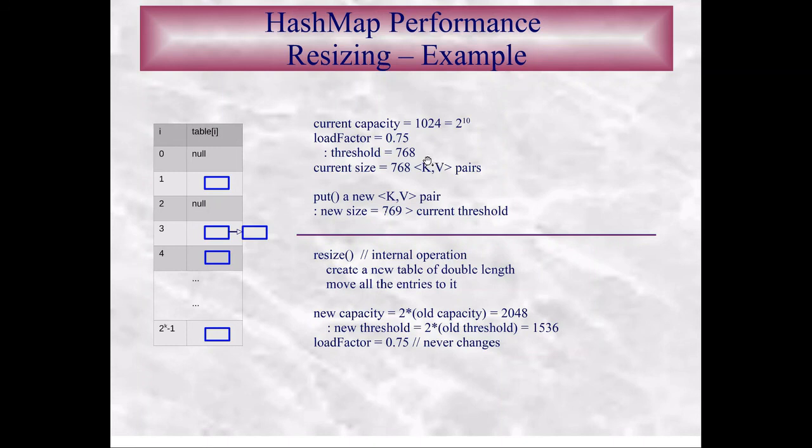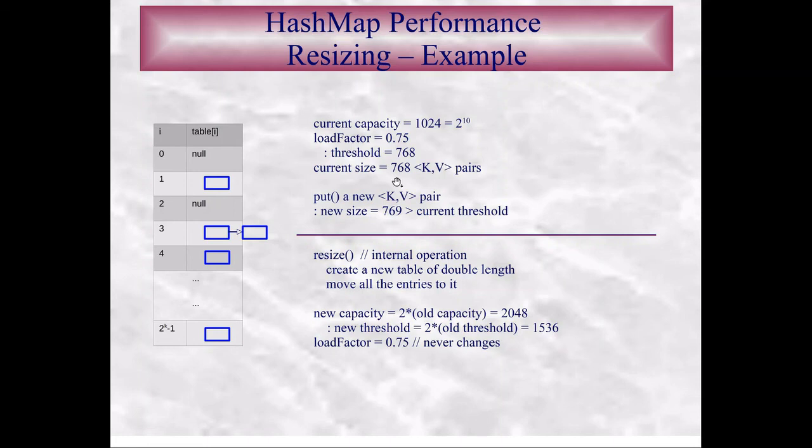So the threshold is 3/4 of 1K, which is 768, and we have exactly 768, the same value as the threshold, as the number of entries currently in the hash map.